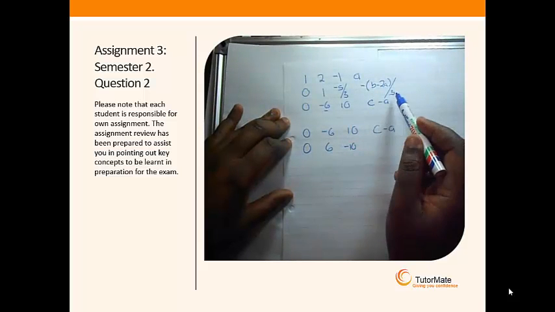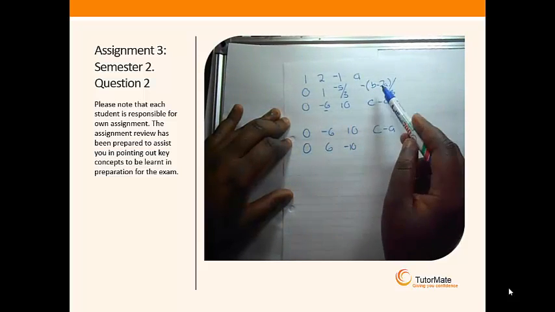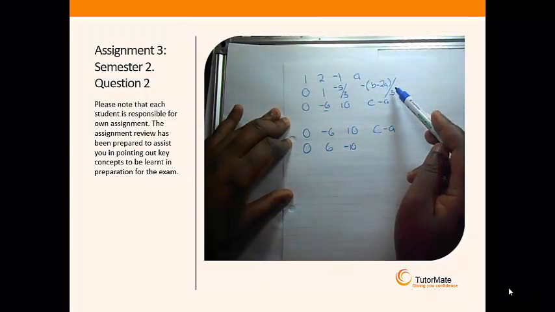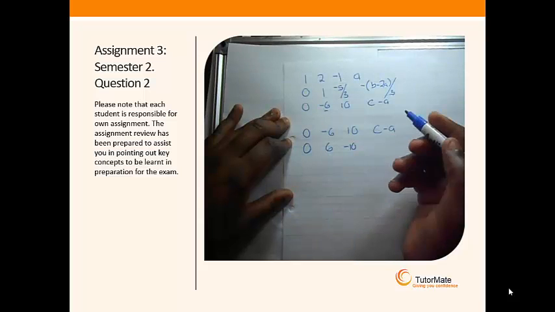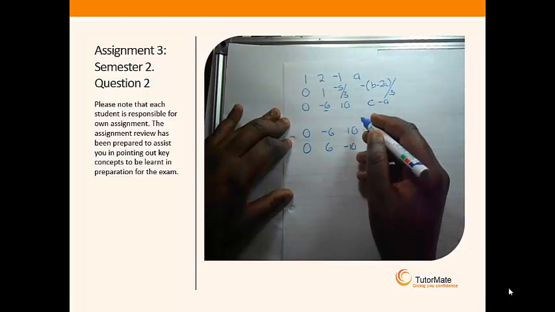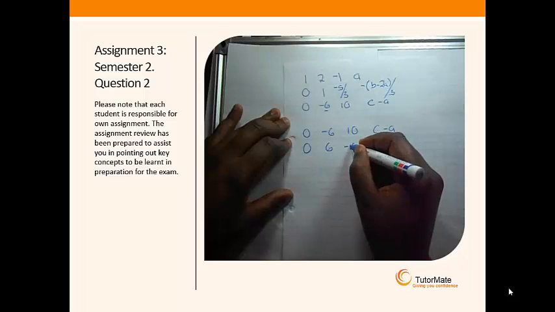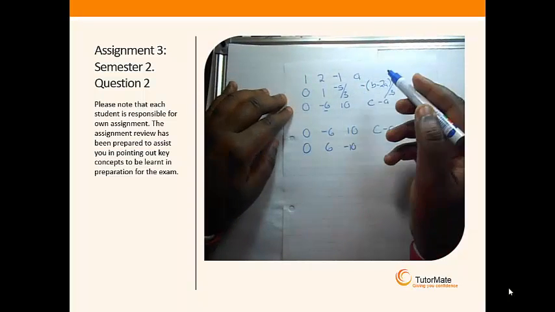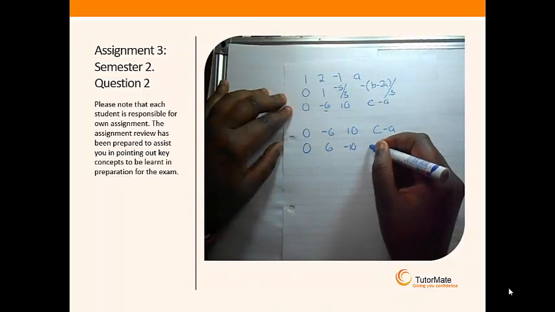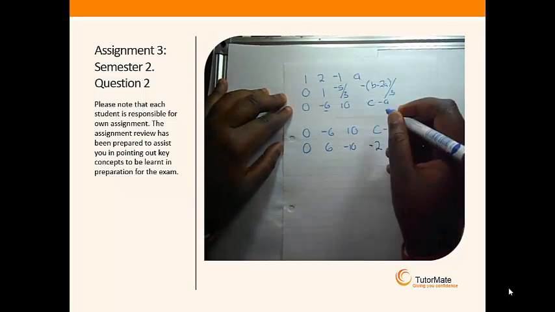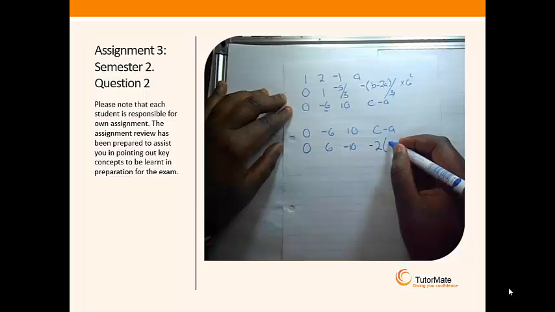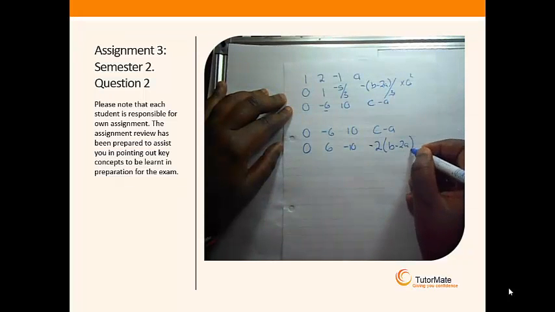Then if you multiply 6 times b minus 2a over 3, because 3 into 6 is 2, you're going to get minus 2b minus 2a.